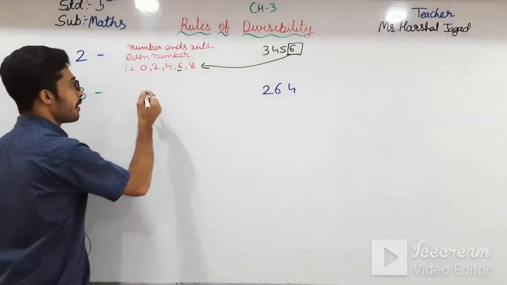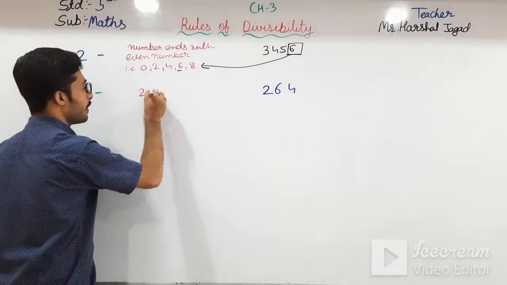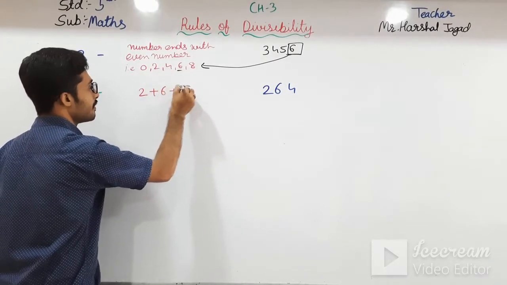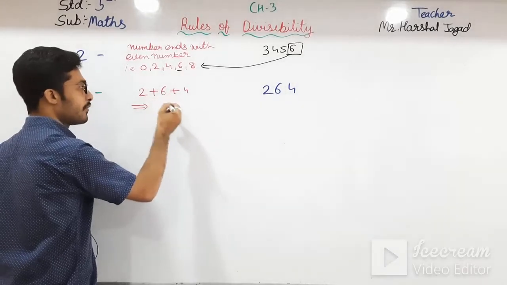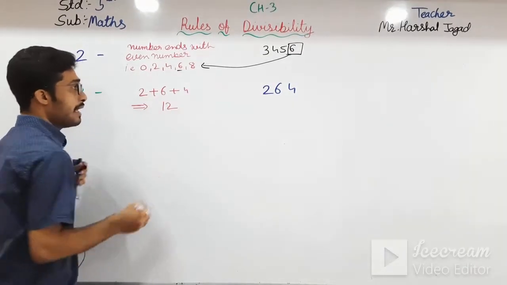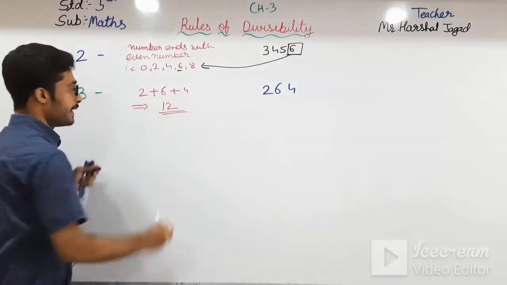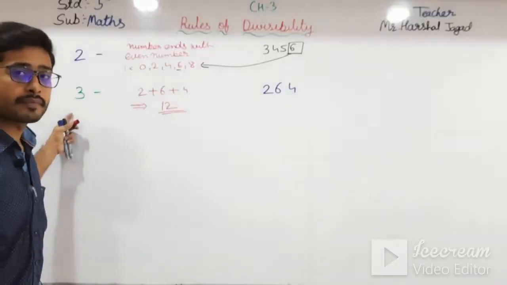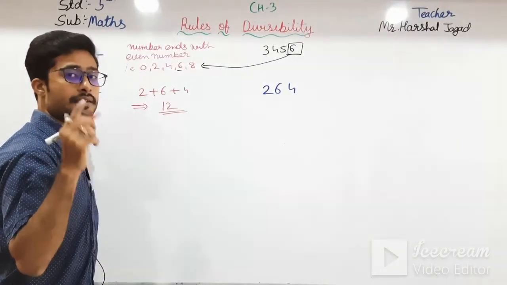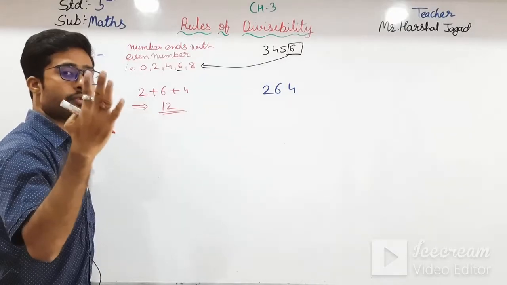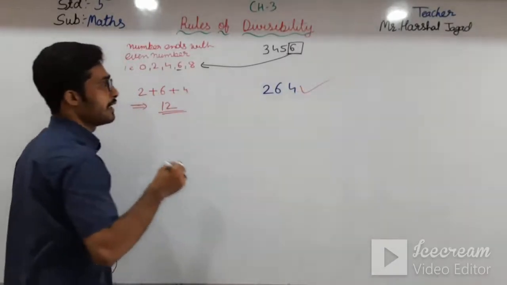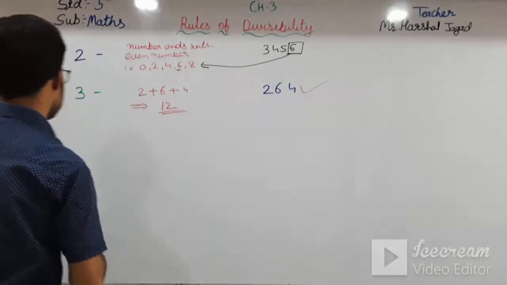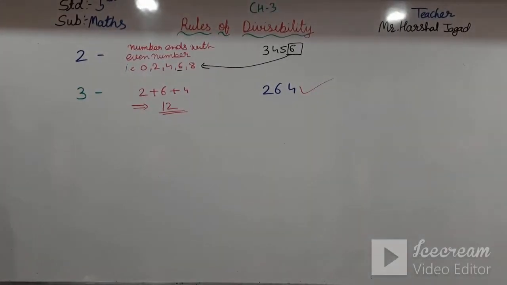We have to total 2 plus 6 plus 4. 2 plus 6 is 8, 8 plus 4 is 12. Is 12 divisible by 3? Yes. 3 ones are 3, 3 twos are 6, 3 threes are 9, 3 fours are 12. Then this number is divisible by 3. Now, going towards the divisibility test for 4.